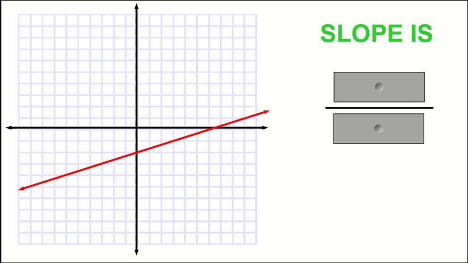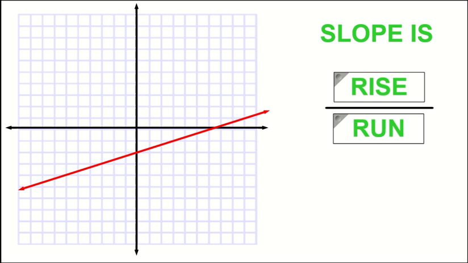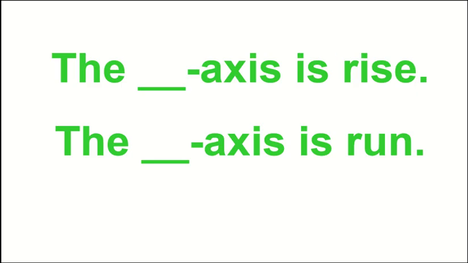When we have a graph, what are our words for slope? Rise over run. That's how we would find the slope for the graph. With the graphs, which axis is the rise? Y. Y-axis is rise, it goes up and down.